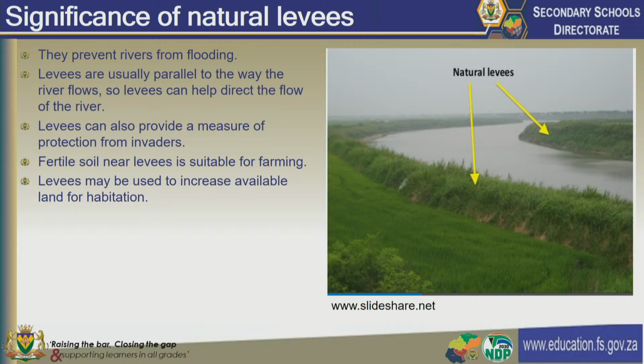Levees can also provide a measure of protection from invaders. The fertile soil, like I stated earlier, is suitable for farming. They also may be used to increase available land for habitation, that is for settlements.